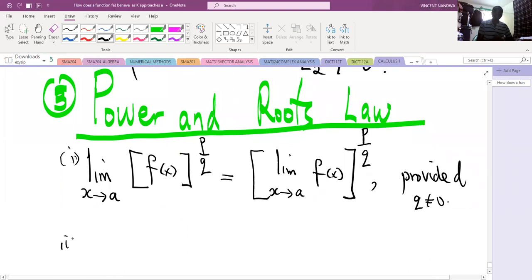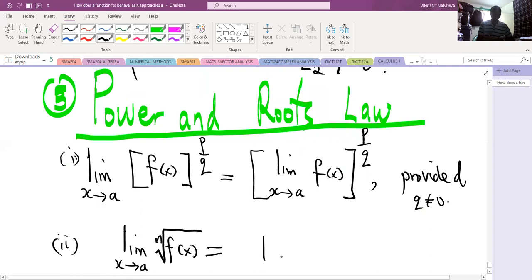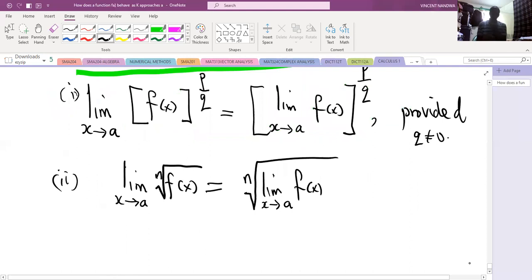And then the second part: the limit as x approaches a of the nth root of f of x is the same as the nth root of the limit as x approaches a of f of x, that is, you take the nth root of that given limit.